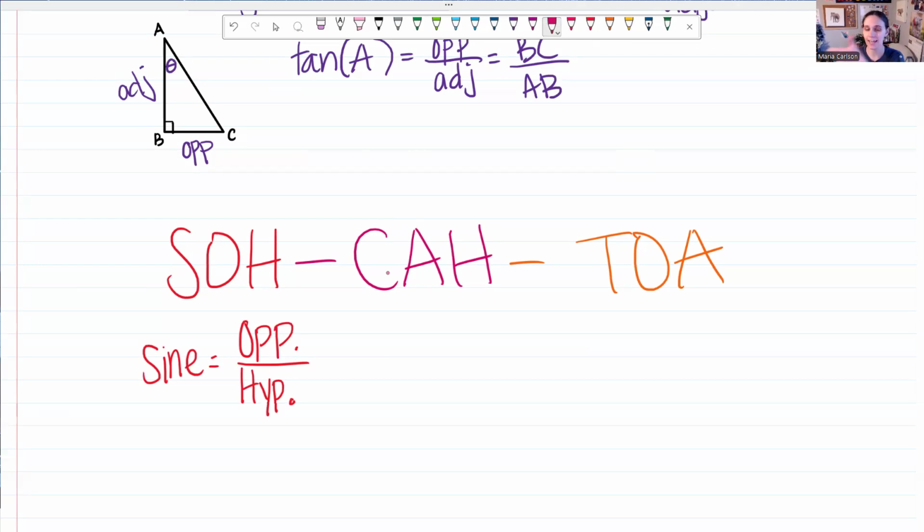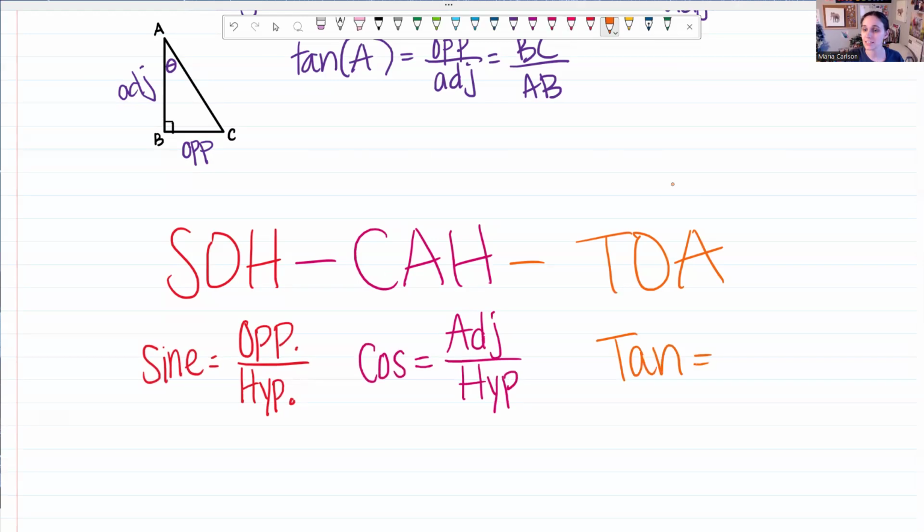The CAH part means that cosine is the adjacent, let me do capital A, over the hypotenuse. A for adjacent, H for hypotenuse. And lastly, TOA tells us that the tangent is equal to the opposite over the adjacent.